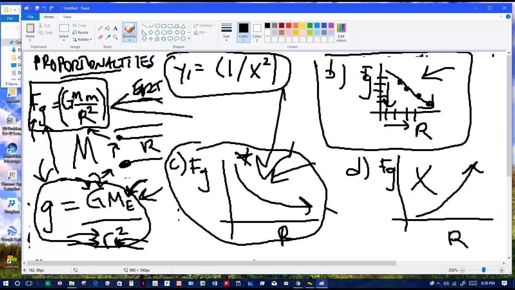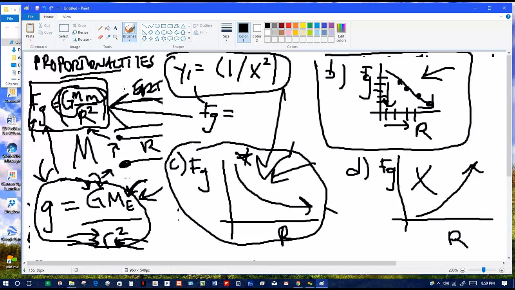The force of gravity, this is the last point I'm making. Can you see my big arrow I just drew pointing over here? The force of gravity is on this side, that's like y, right? Equals, you have some constant stuff, capital G, M, and M. Do those things change as the position of the space satellite changes?